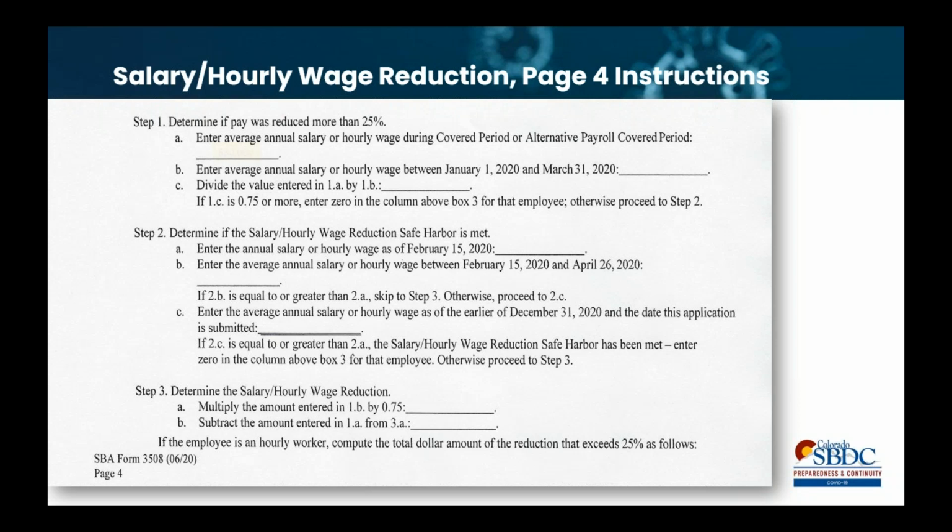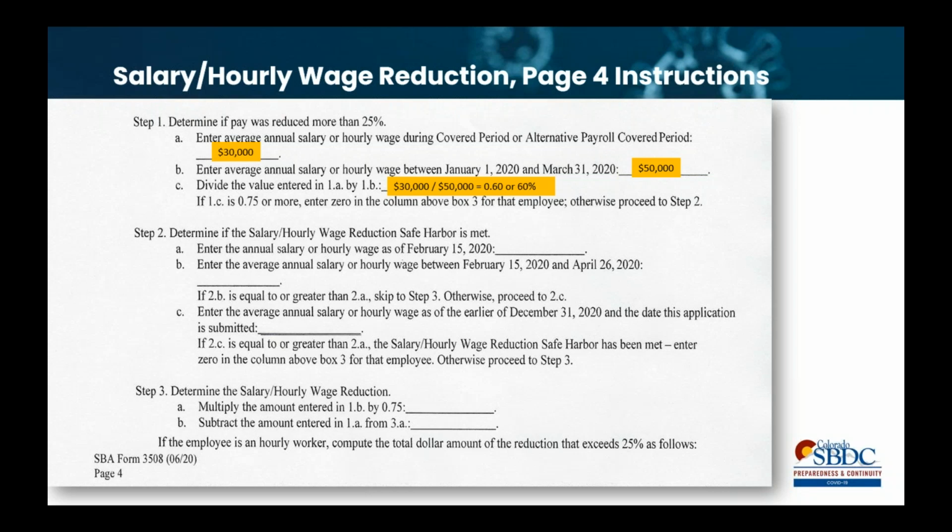For Bob's calculation, we would enter $30,000 in item A. In item B, we would enter $50,000, Bob's historic salary. In item C, we will divide 30,000 by 50,000, yielding 0.6 or 60%. This is less than 75%, so we proceed to step 2.